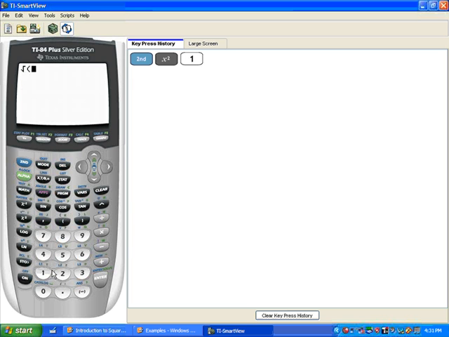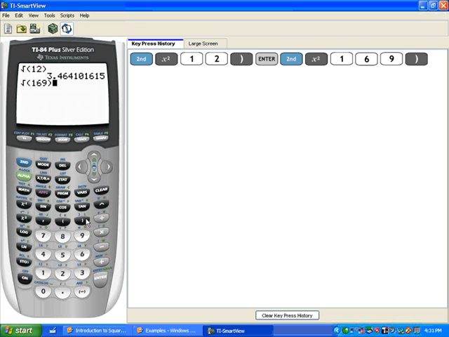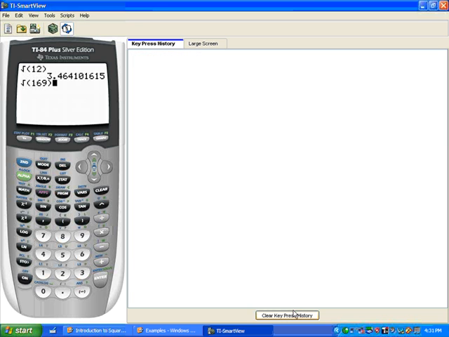If I was to put in, say, a 12, which of course isn't a perfect square, your answer is a long decimal with no repeating values. That's telling you that you have an irrational answer. If I take the square root of 169, since 169 was on that list of perfect squares, it gives me a nice rational answer.